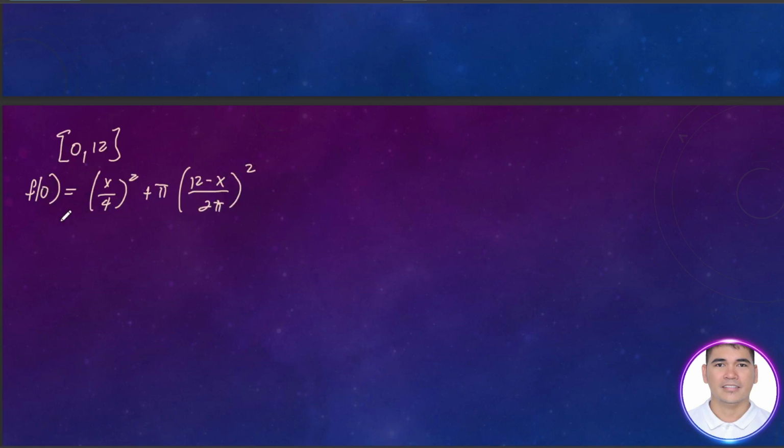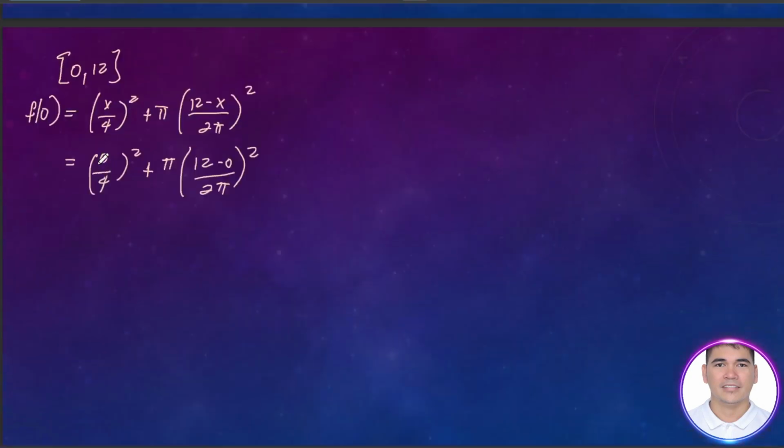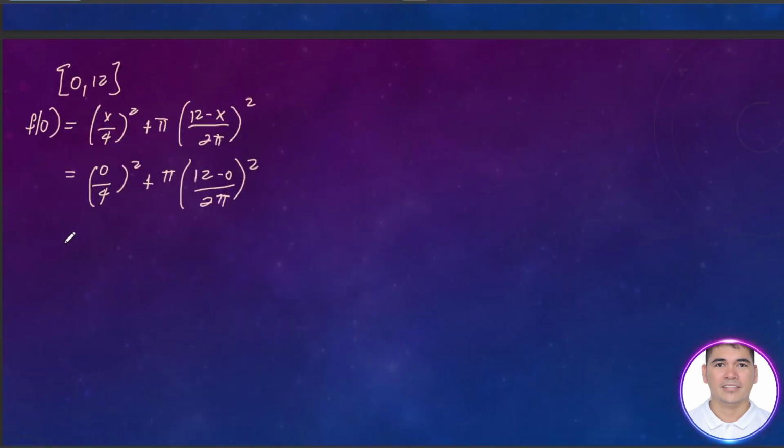Since our x is 0, substitute. At this part, there's nothing more to do, it is 0. So the square of 0 over 4 is 0.